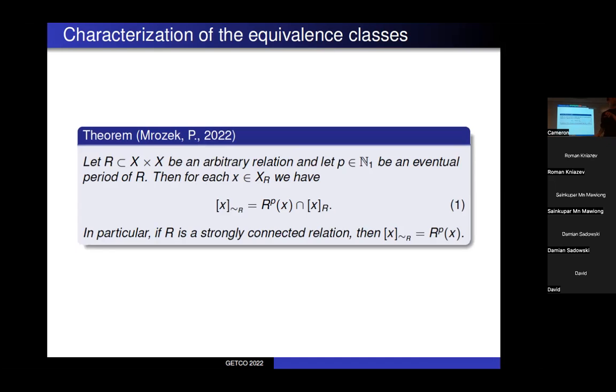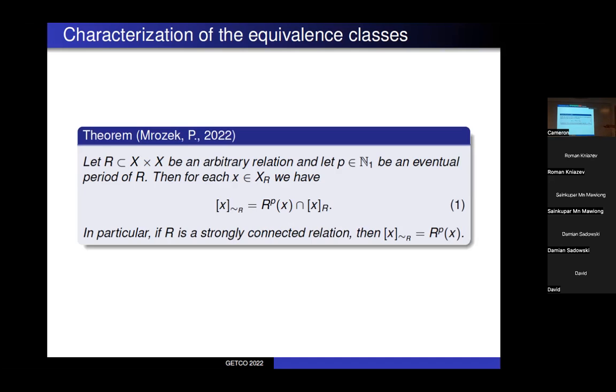By R^p of x, I mean the set of all y such that there is a path from x to y of length p, that is, the pair x, y belongs to the R^p relation.